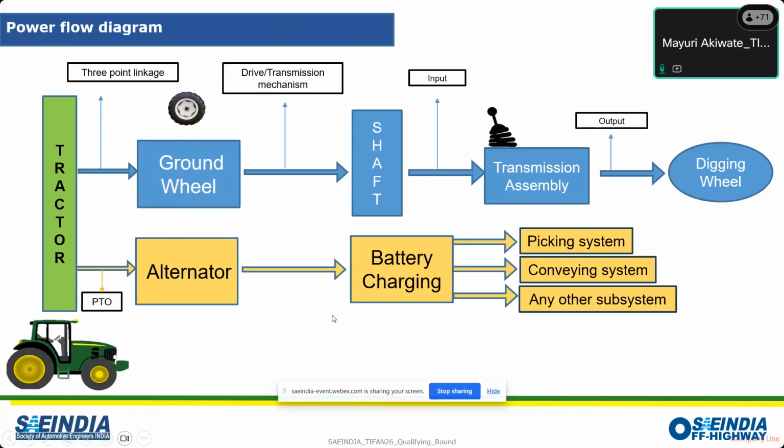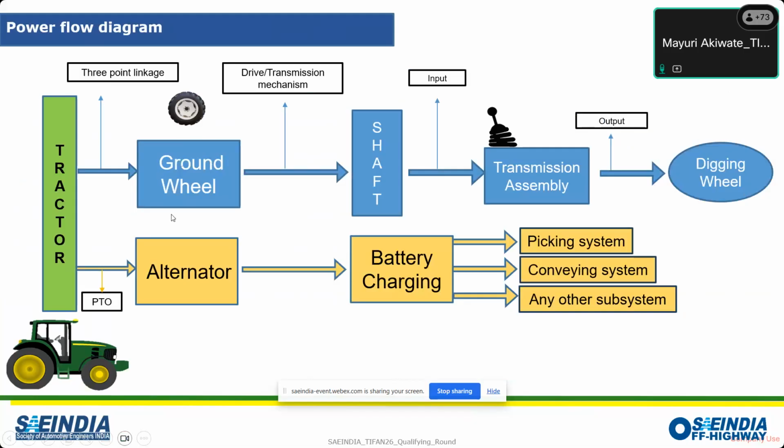In this example tractor, you are taking power from the ground wheel and driving your driver transmission mechanism through the shaft, then it transmits to the transmission assembly, and the output is your digging wheel rotating. So this is one of the power flows.